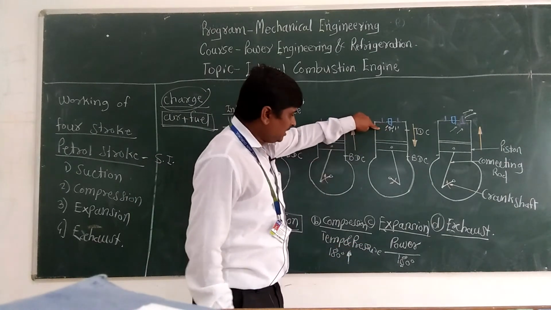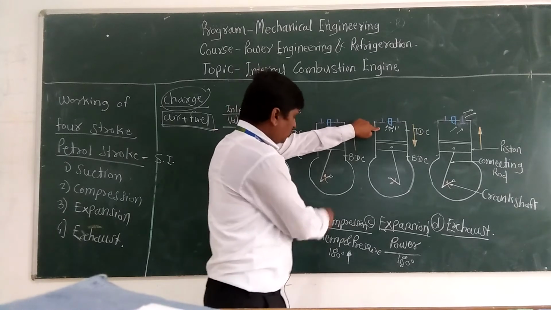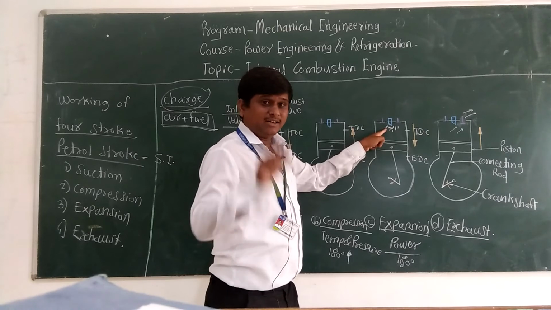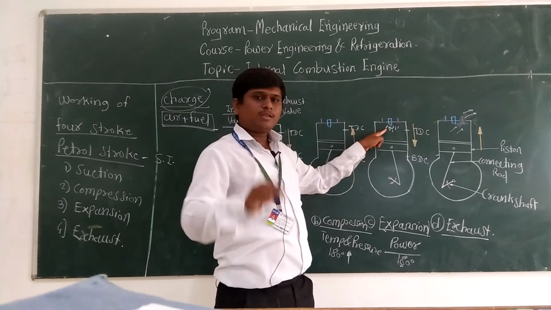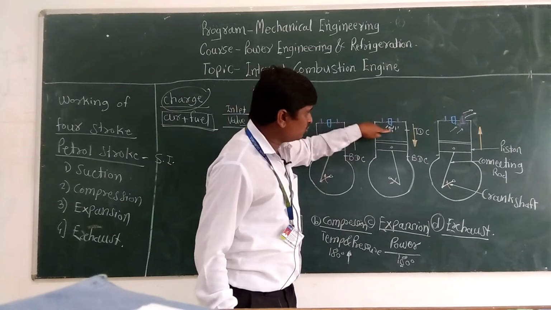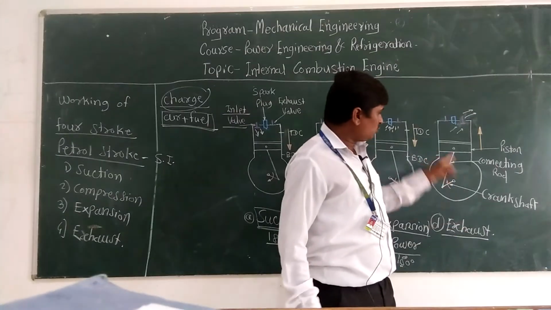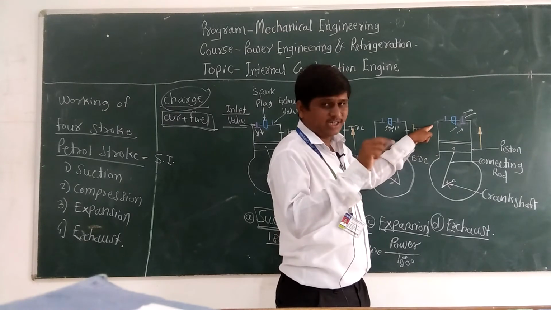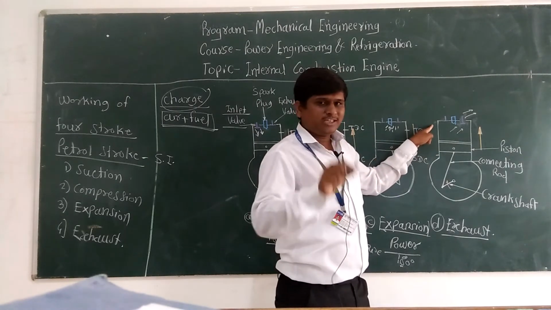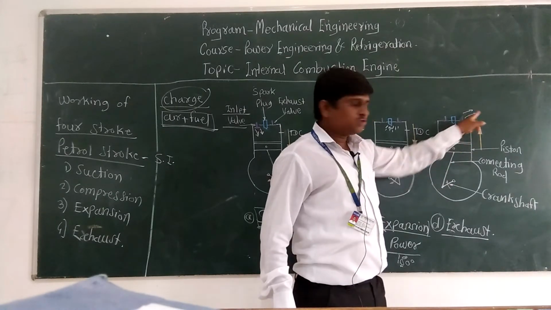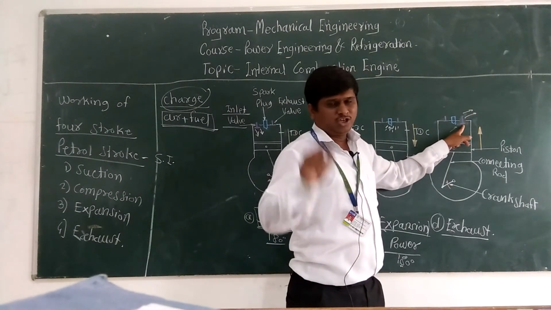At the end of the compression stroke, the spark plug ignites the air and fuel mixture. So power is generated and the piston moves from TDC to BDC in the expansion stroke. In the exhaust stroke, the piston moves from BDC to TDC, and the exhaust gases are swept out of the cylinder into the atmosphere through the exhaust valve.